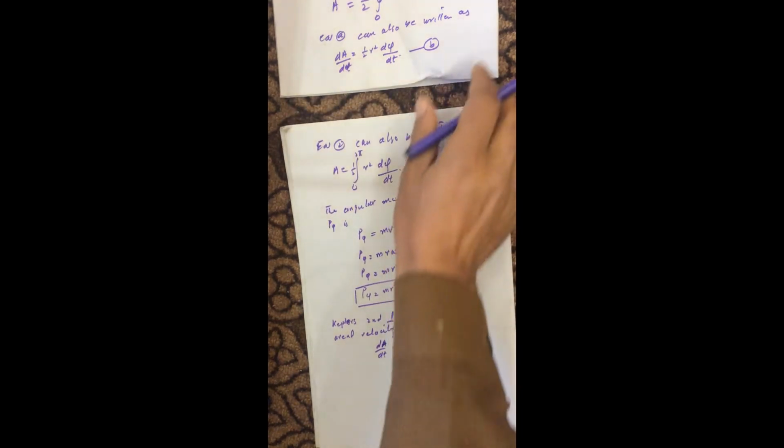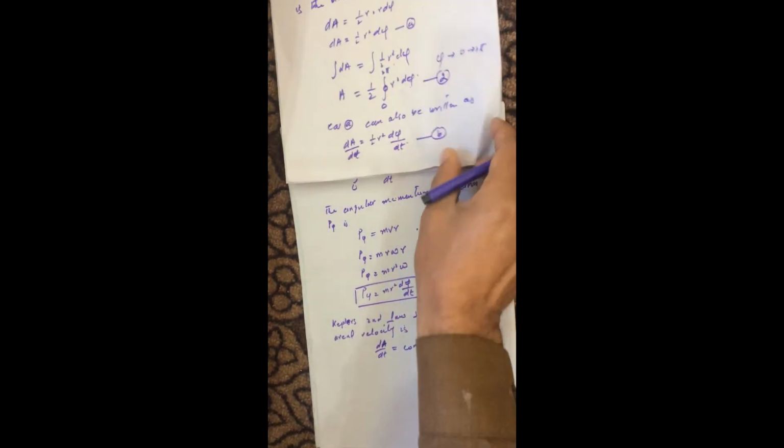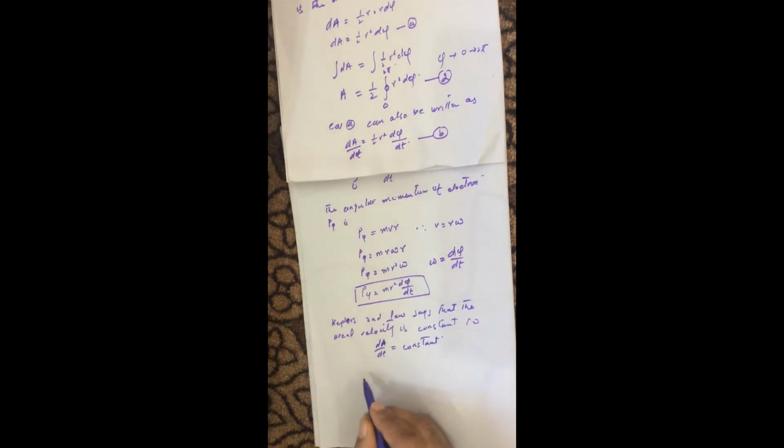Now, if we look at equation B, which is here, this one, we have dA over dt, which is equal to 1 over 2 r square d phi by dt, which is equal to constant, because this side is the areal velocity.